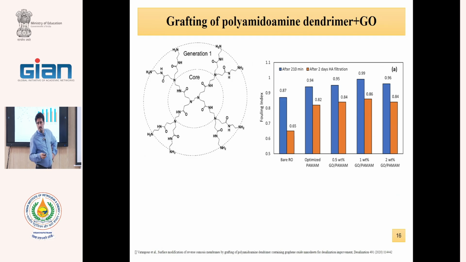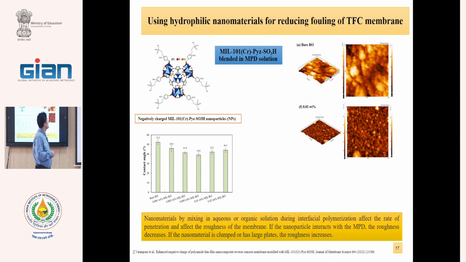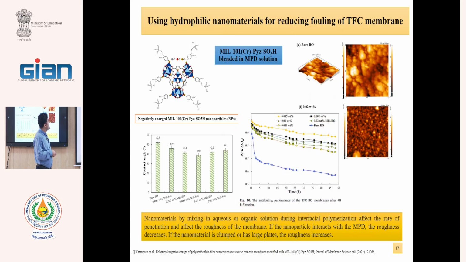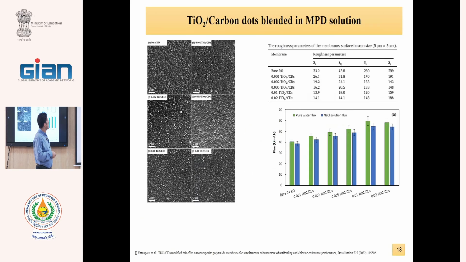This is very, very stable because chemical connection is very stable. For example, in this paper, these nanomaterials were grafted to the membrane surface and increased the fouling resistance of the membrane.